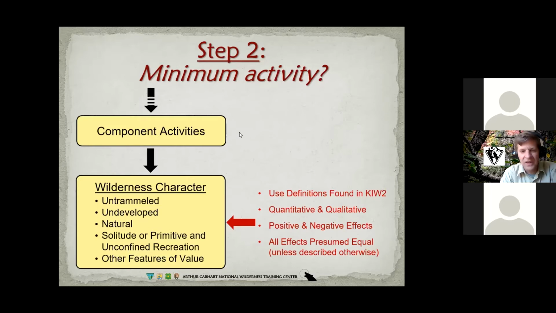But one of the potential flaws in the MRDG is that all effects are presumed to be equal. And so you really need to describe or elaborate if you feel one impact is going to outweigh the others. Okay.